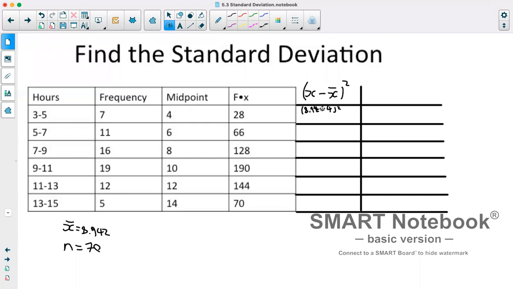Oh, sorry, that's 8.942. And let's just do that to, let's say, 1 decimal place. So that gives us 24.4.